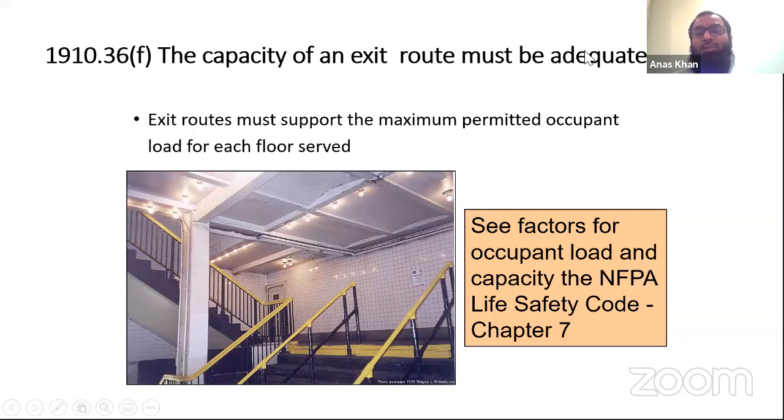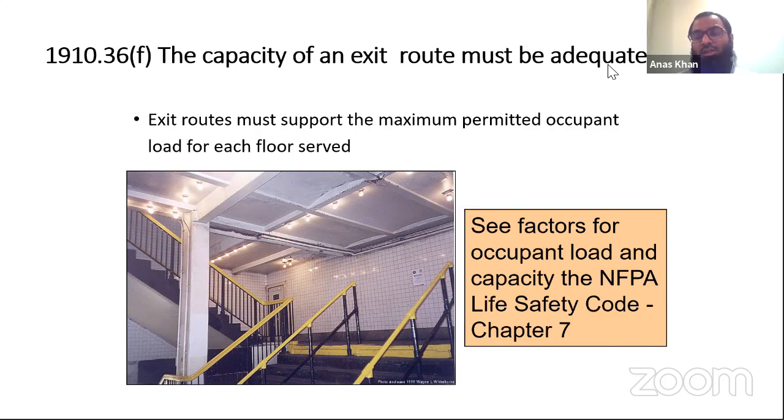Then the exit route must support the maximum permitted occupant load for each floor. For example, the exit route is very wide but the exit is very small, or there are a lot of people in the company or in the hotel, but the route to reach the emergency exit is very narrow, so people cannot reach it easily.